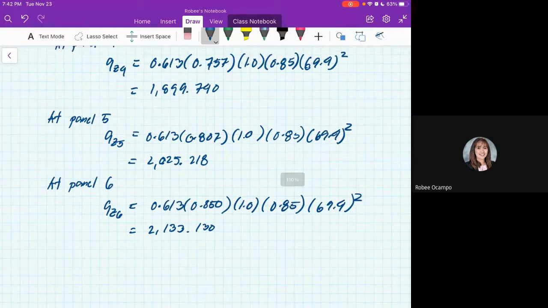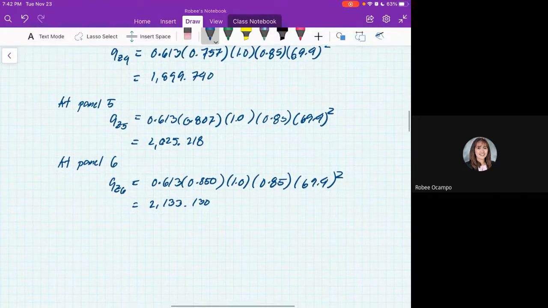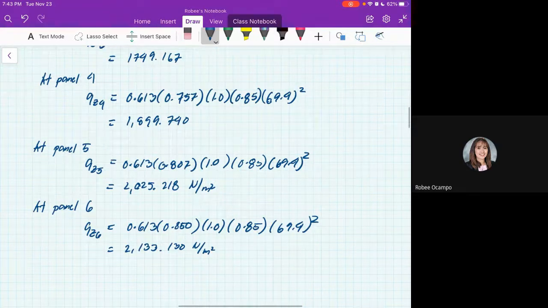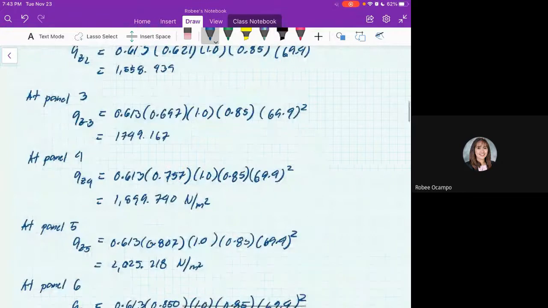Okay, so all of the values for Q have the unit of Newton per meter squared, or kPa.